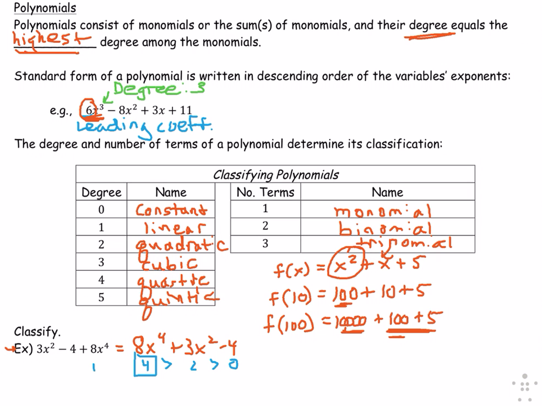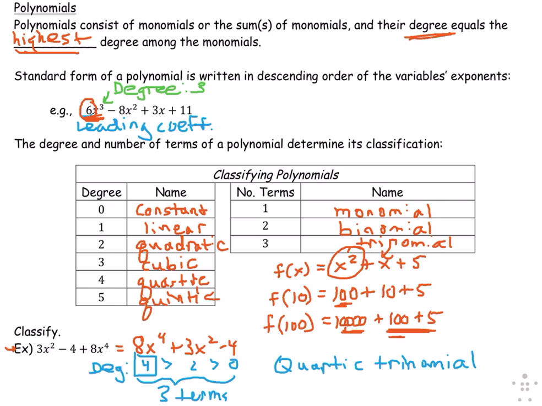So my degree is 4, and I have 3 terms. So it's a degree of 4, so quartic, and then 3 terms, so trinomial.